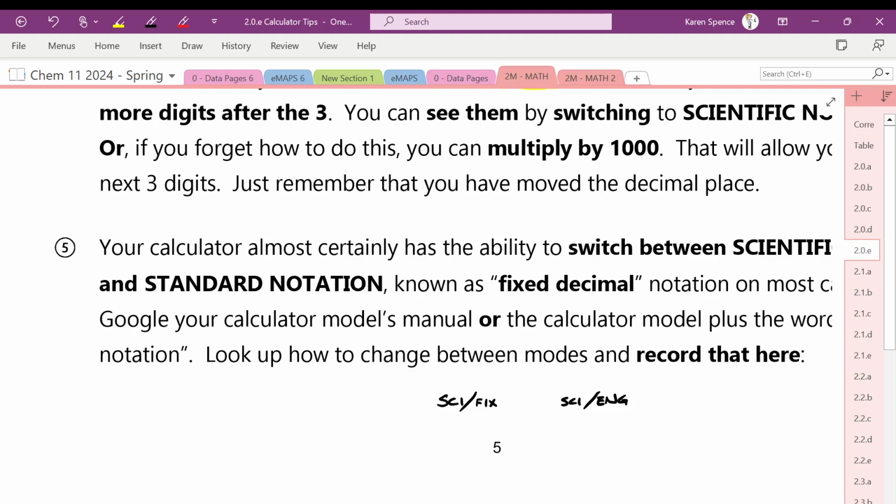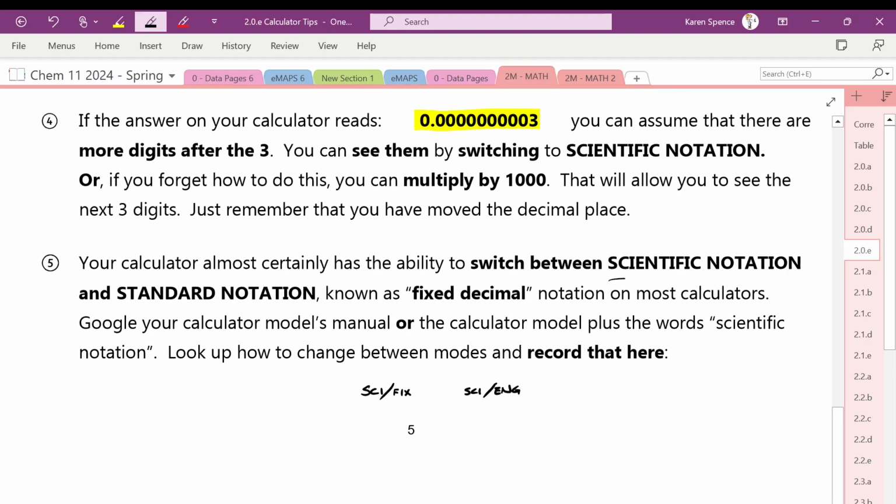Look up how to change to scientific notation on your calculator. So go on your phone and look up your model number and find the manual. You can Google your calculator model's manual, or you can Google the calculator model plus the words scientific notation, and it will probably tell you how to change.